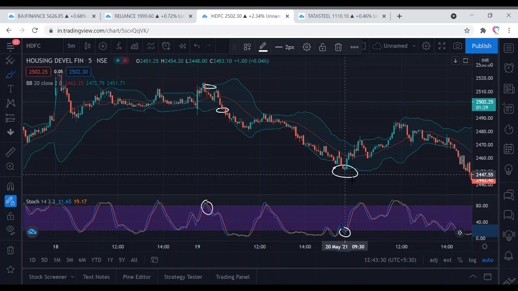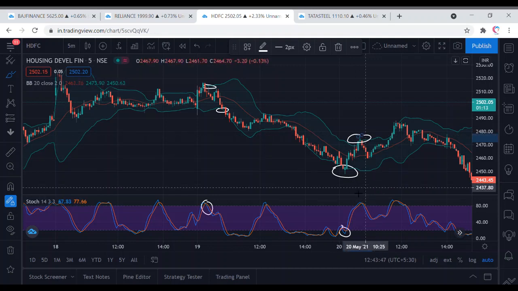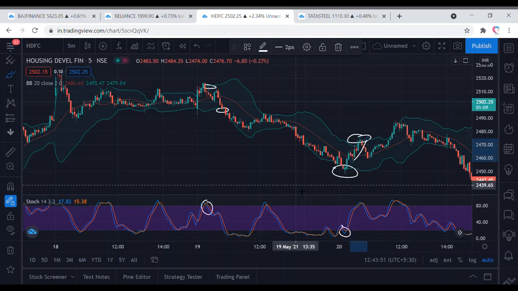At this candle of 9:30, we didn't get a signal. We got a signal at the 9:35 candle at around 2460. Okay, so here our stop loss would be 2452, and you can see you get a good 10-point profit from here to here. The prices touch the upper Bollinger Band, we have to get out.